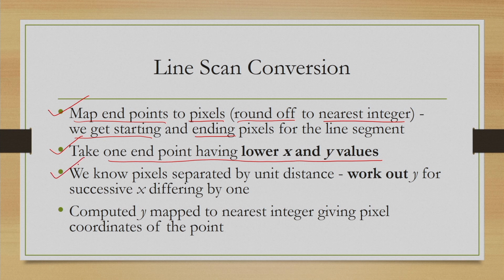In the third step, we work out the y value for successive x values. Now, since we are dealing with a pixel grid, we know that pixels are separated by unit distances. So, the successive x values will have value difference of 1.